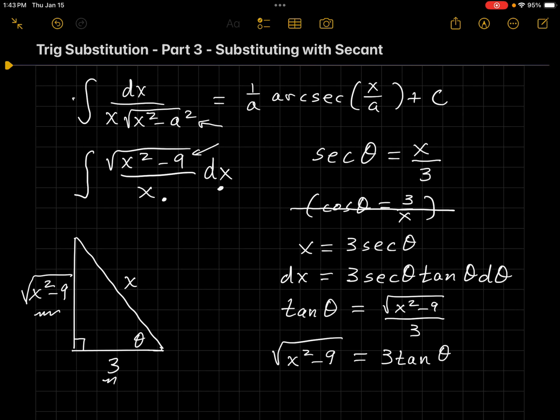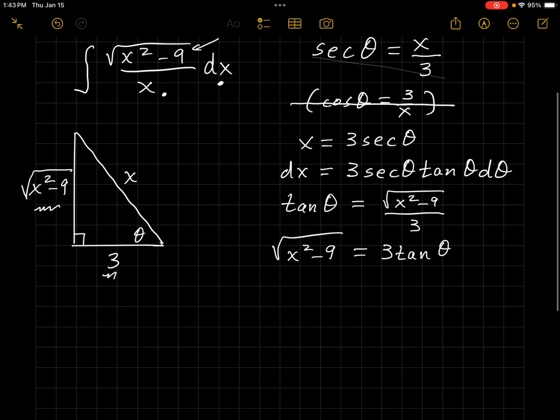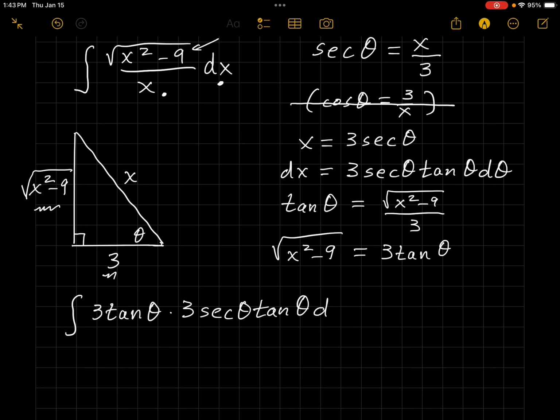So we can go ahead and substitute in. We will end up with 3 tangent theta times the dx, which is 3 secant theta tangent theta d theta, all over x, which is 3 secant theta, and we can start to simplify.